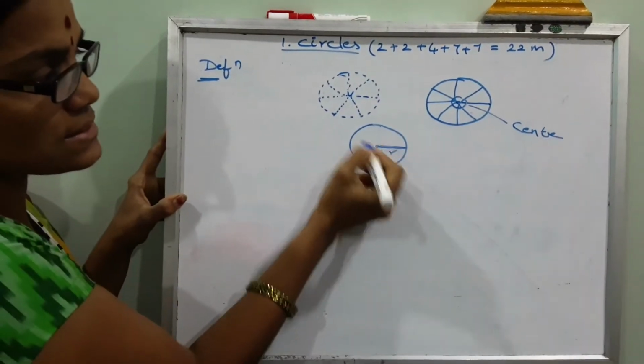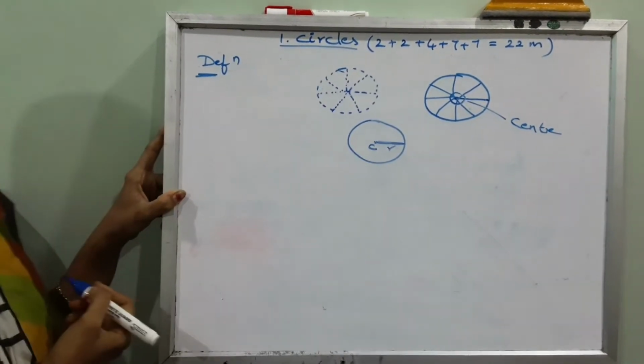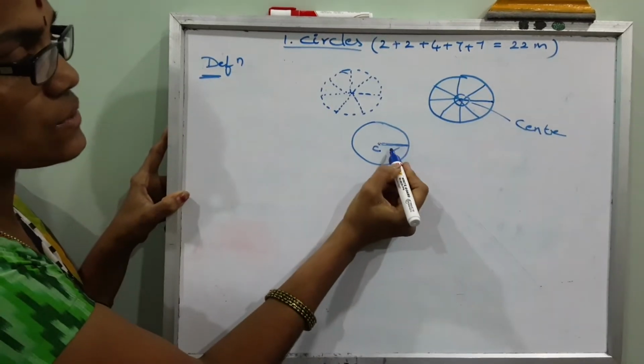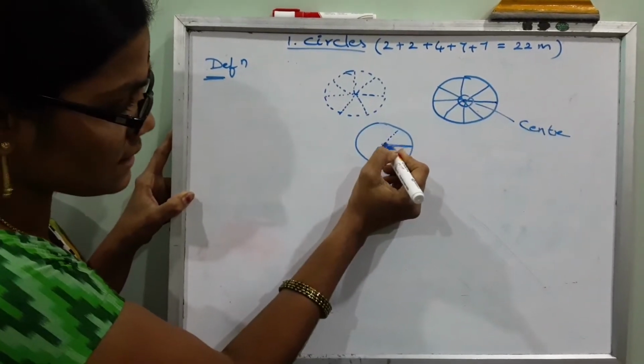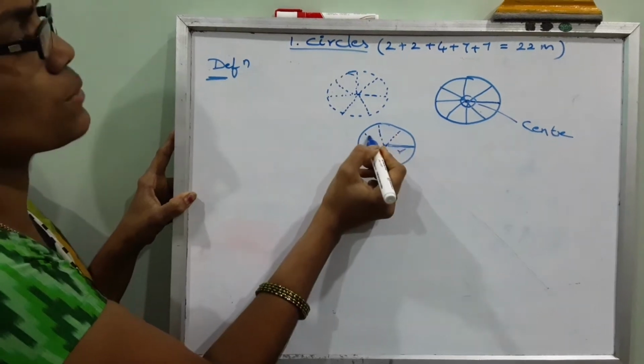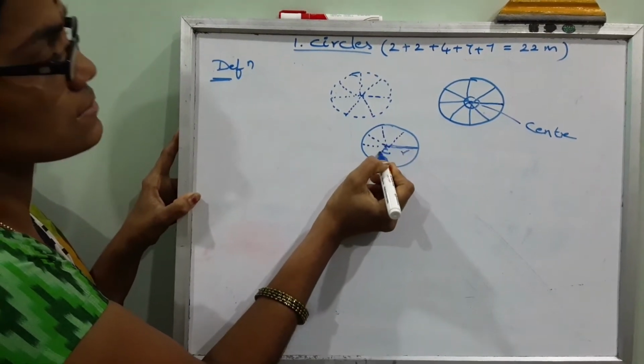Here the center of the circle is denoted by C and the radius is denoted by small r. How many radii are there in a circle? So many, infinite radii.